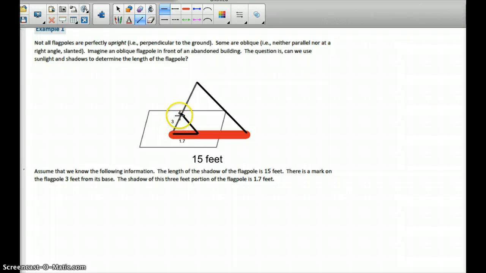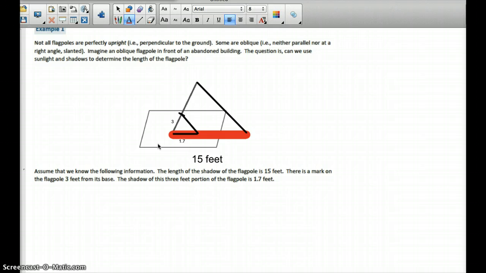We have the little mark on the flagpole that is 3 feet from its base. We have the length of the shadow of the entire flagpole is 15, and we have the length of the shadow of that just 3 foot portion right there as 1.7 here. So what they want to know is, can we figure out the length of the entire flagpole?